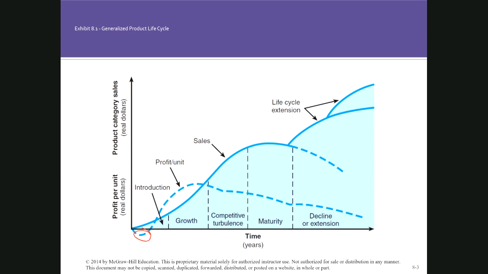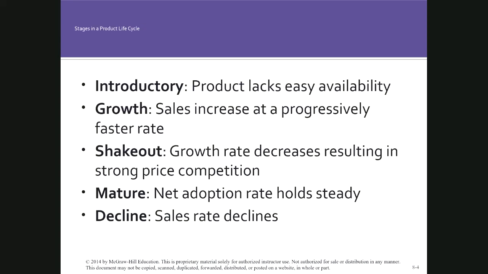So we're getting 1 for 1. And then the decline stage follows that, where dropouts begin to exceed new first-time users, the sales rate declines, and the product is said to have reached its final stage, right?